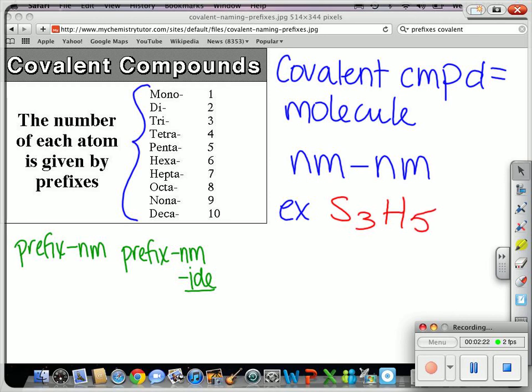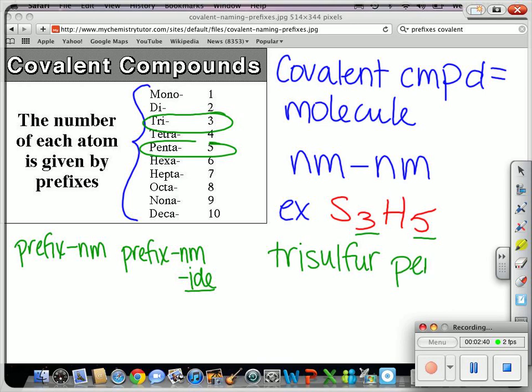And I go to name this, I see that I have 3 sulfurs, which tells me that the prefix I need to use is tri, and I have 5 H's, which tells me that the prefix I need to use is penta, so I say trisulfur, penta, and instead of hydrogen, I add that IDE ending, which is pentahydride. Okay? Trisulfur pentahydride, I add the prefixes, I add the IDE.